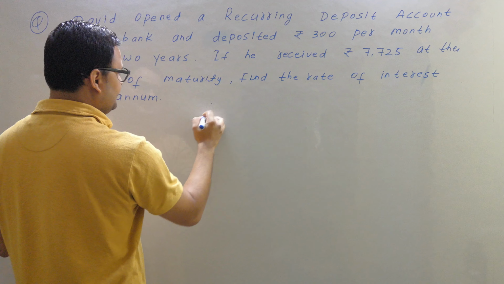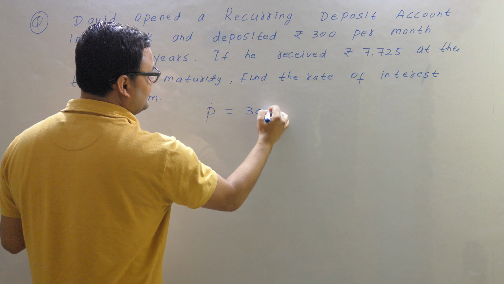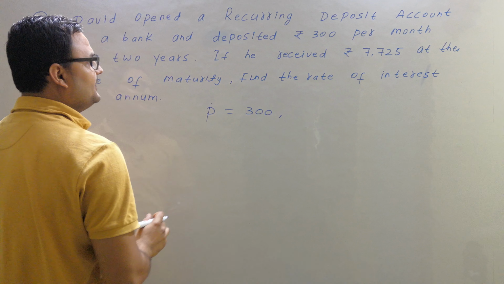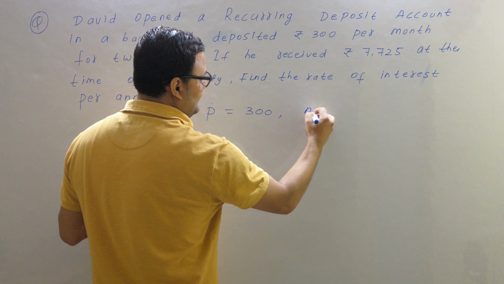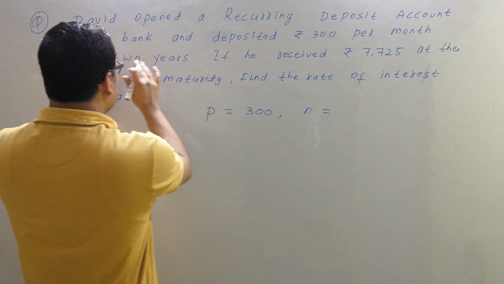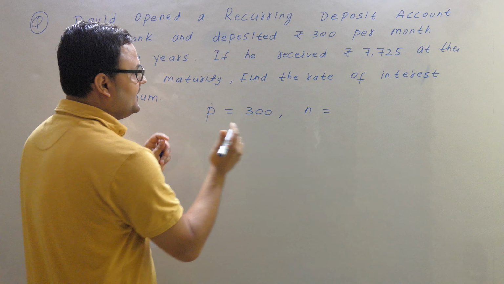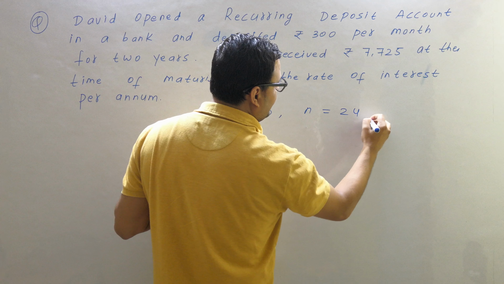So I'll write here P equal 300. If you want to write the rupee symbol, you can write or leave it. Per month for 2 years. Now n equal number of months. It's 2 years. We have to convert into months. So 2 into 12, or you can write n equal 24.